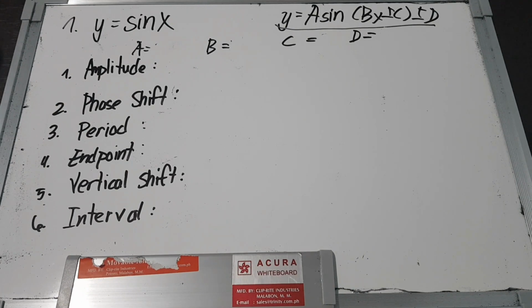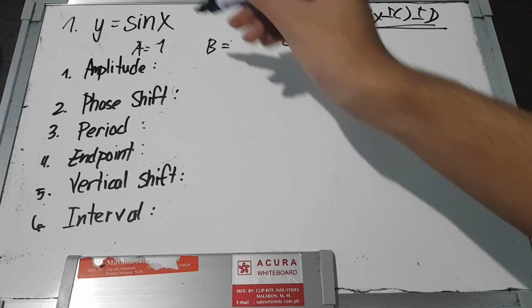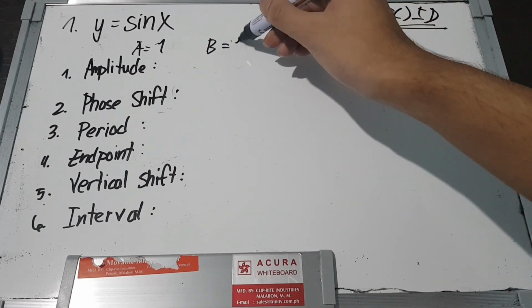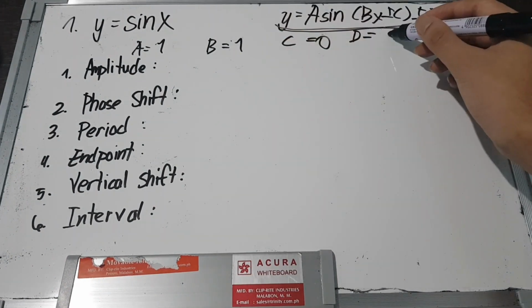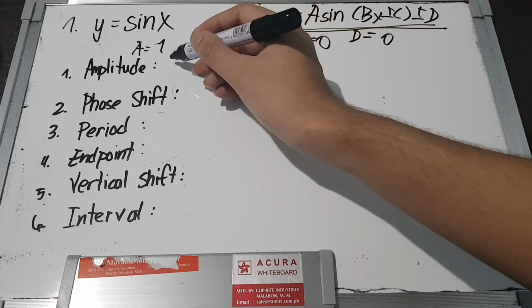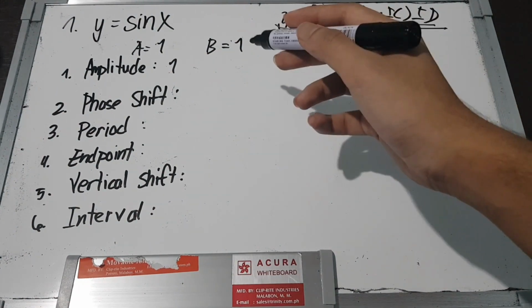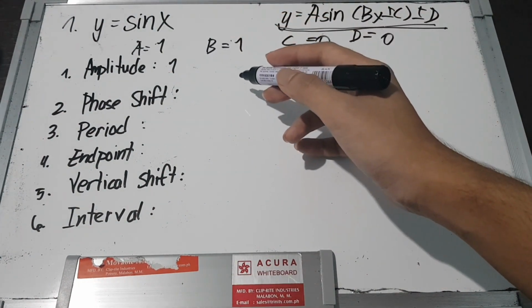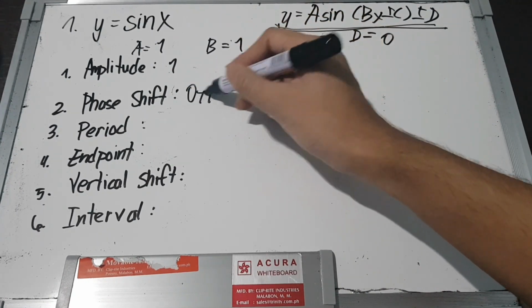Consider this first example. Y equals sine x. Since it is a sine function, we would use this equation. A equals 1, B equals 1, C equals 0, and D equals 0. Our amplitude is the absolute value of A. This is 1. Our phase shift would be C over B times pi, which would be 0 over 1 times pi, which is 0 pi.